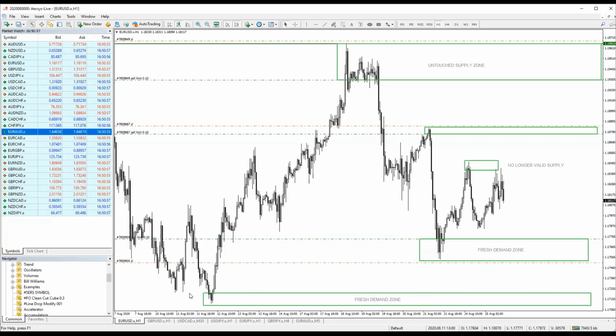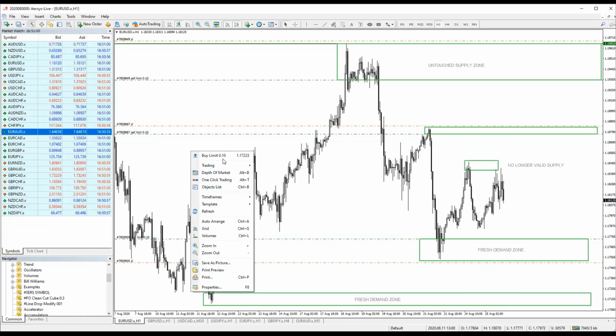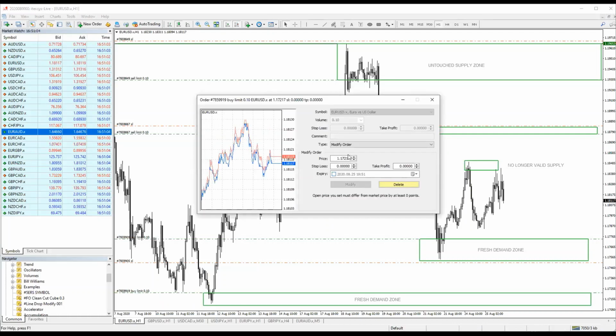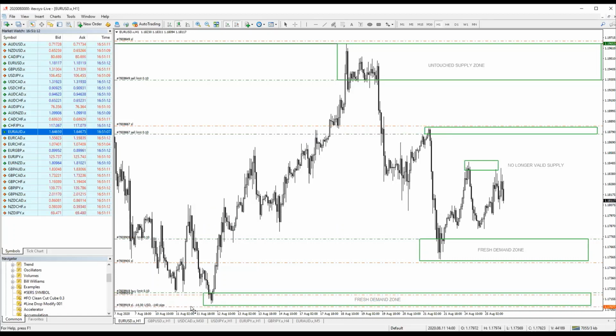So once price gets here, we would want to buy off this level, and our stop loss will be just below that zone. At this time, it's 14 pips. Okay, so you can go on any time frame on as many currency pairs on Forex, and you can always have these fresh zones waiting for you.